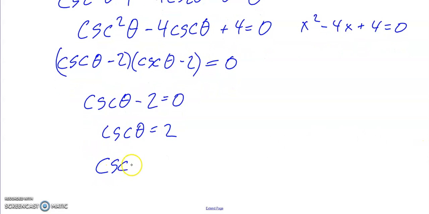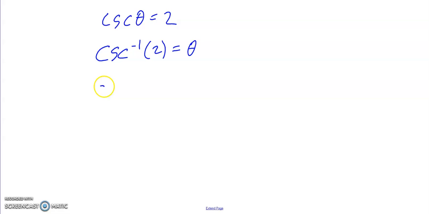So we're going to take the inverse of the cosecant theta. We're taking the inverse of cosecant of 2 to find theta. There we go. To find the inverse of cosecant, we're going to do the inverse of sine, but write that as the reciprocal.